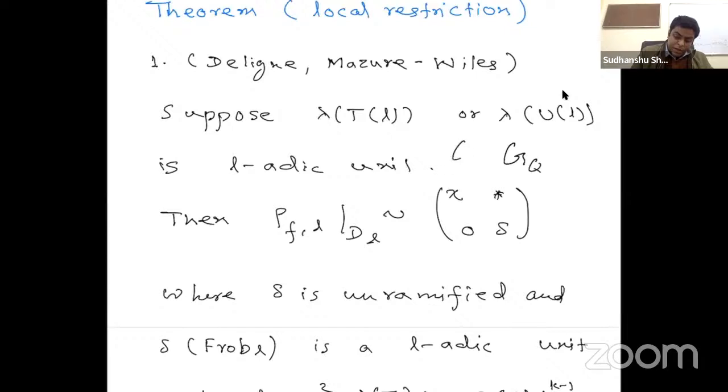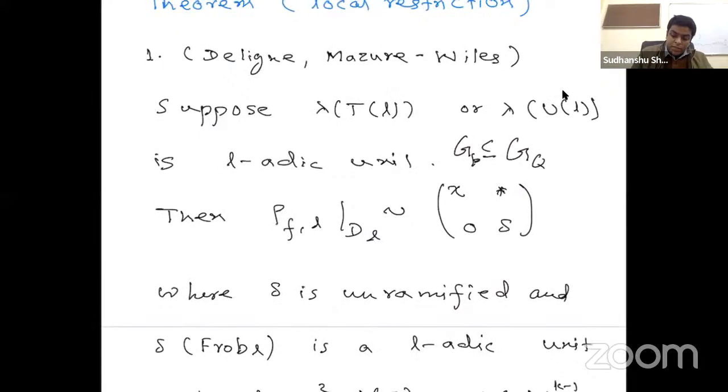For every prime P, you have a decomposition subgroup inside this. There are two cases: P equal to L and P not equal to L. In these two different cases, the representation behaves differently.